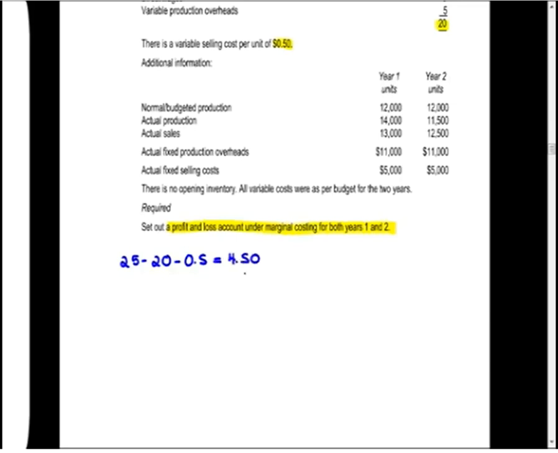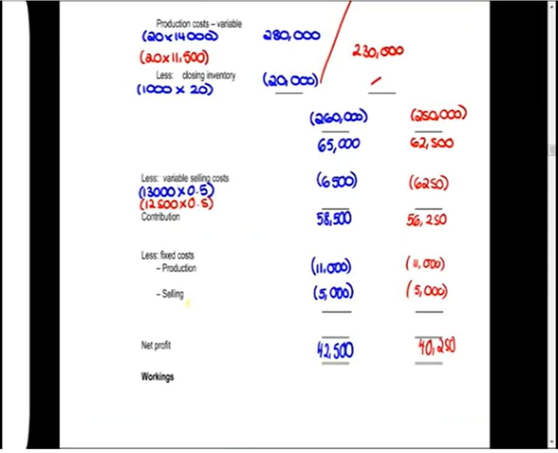So my contribution per unit was $4.50, and in year one we sold 13,000 units, which gives us a contribution of $58,500, and then I could take off my fixed costs of 16,000, and that would give me net profit of $42,500, which you should remember is the same as the net profit we worked out by doing the statement.